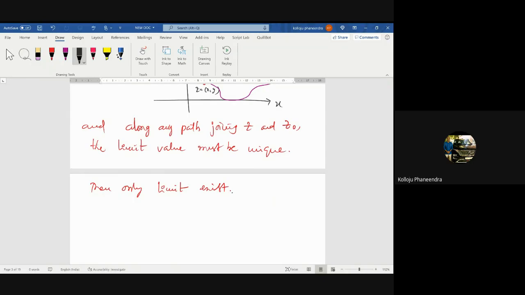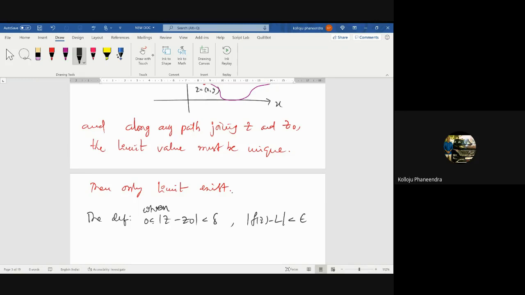This is the definition of limit, I will write this one. The definition: when 0 less than mod z minus z naught less than delta, mod f of z minus L is less than epsilon.